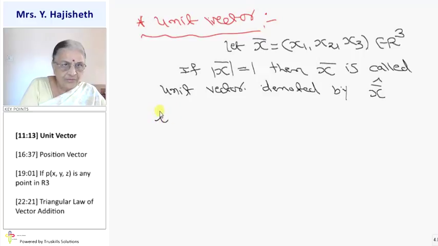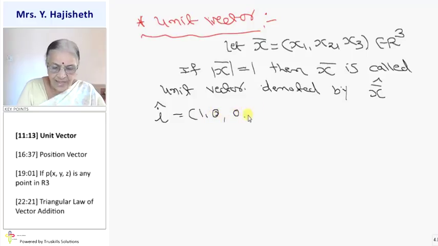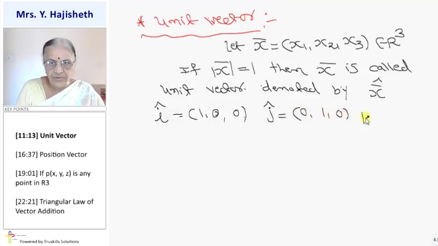So we have learned the basic unit vector i as (1, 0, 0). That is the unit vector in the positive direction of the x-axis. Vector j is defined as (0, 1, 0). This is a unit vector in the positive direction of the y-axis, and k is (0, 0, 1).